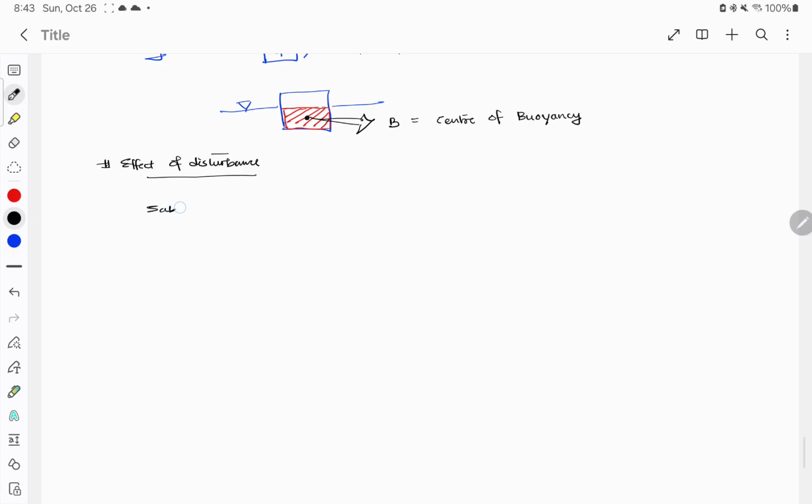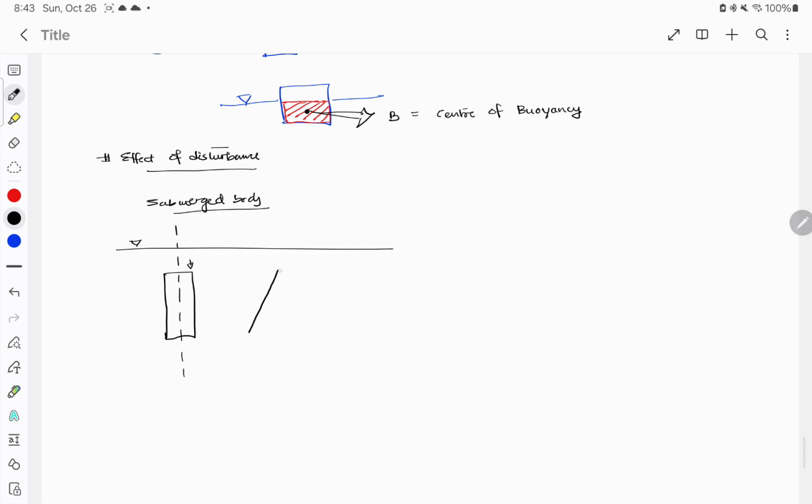Say in a submerged body case, if there was a body inside the fluid, and if this was the central axis of the fluid, and if I gave it a slight nudge from the right hand side, then it would tilt like this, right?